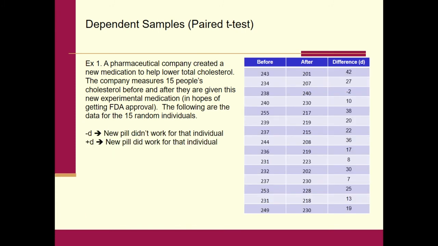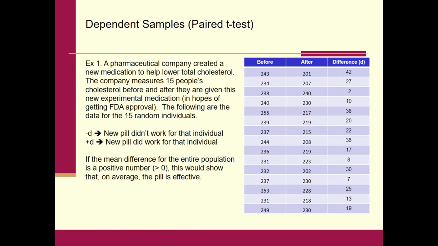All right, let's remind you of some of the background stuff. I went through this and said, okay, that means if mu sub d is greater than 0, that would show that on average the pill was working. And so remember, mu sub d is the parameter, and it is equal to mu1 minus mu2.